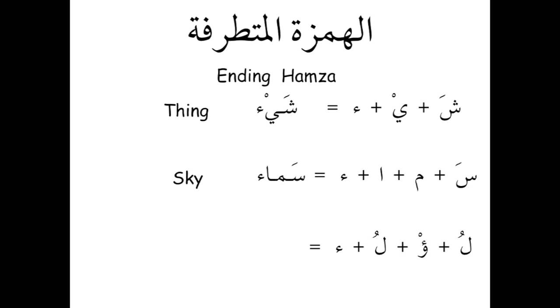Then we have this example. Now ignore the hamza on top of the waw that's in the middle, because we'll come to the medial hamza later. Let's try to figure out how to write the hamza at the end. So the hamza at the end is preceded by the lam, which has a dhamma on top of it, and after a dhamma the hamza would have to be written on a waw.